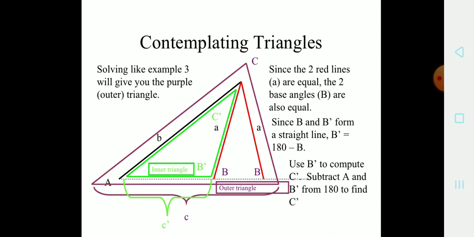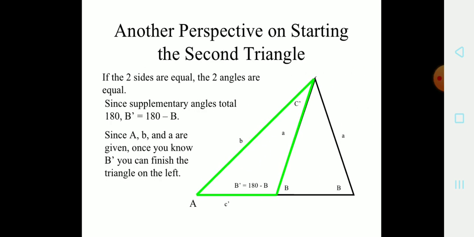Since B and B form a straight line, B equals 180 minus B, so use that B to compute C. Subtract A and B from 180 to find C. Another perspective on finding the other triangle: if the two sides are equal, the two angles are equal, and since they are supplementary angles adding to 180, B equals 180 minus B. Since A and B are given, once you know B, you can finish the triangle on the left.